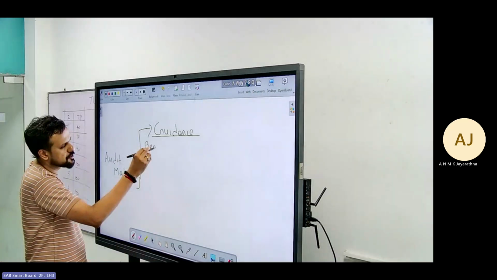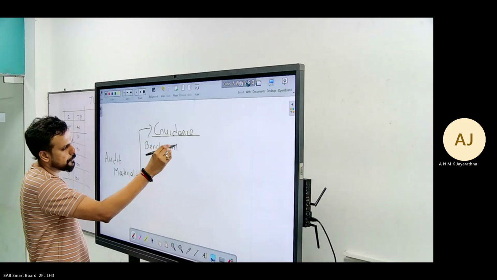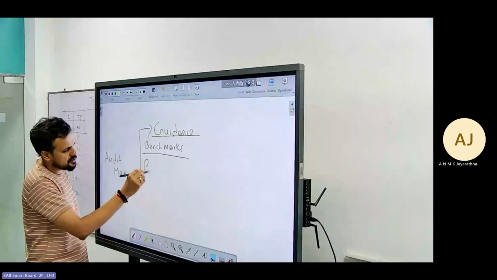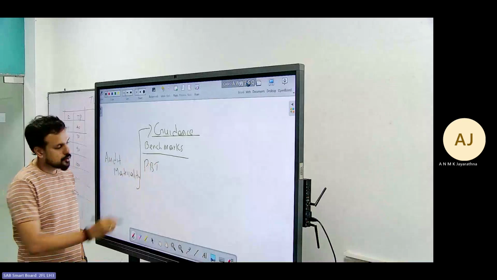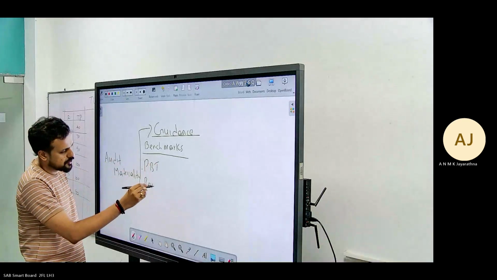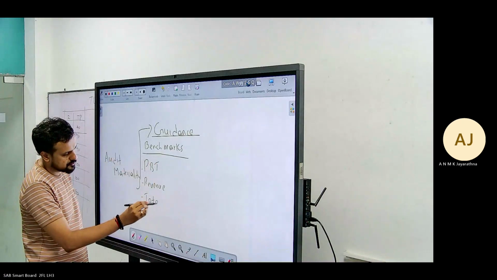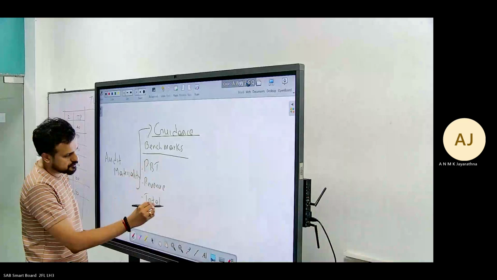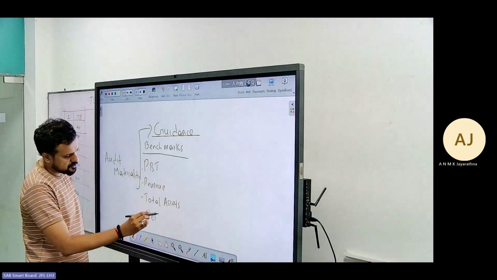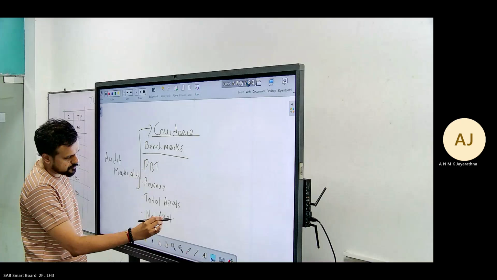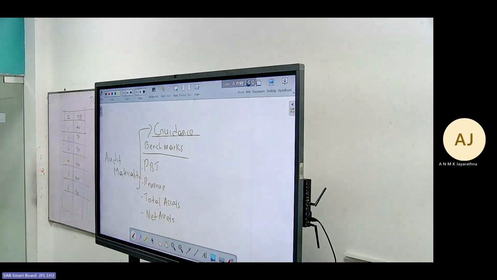Some bases have been given by the standard: profit before tax, revenue, total assets, net assets, total liabilities, expenses. Likewise, based on the financial statement accounts, classes of accounts, and account balances, the standard has given some bases. You can select any of the bases.